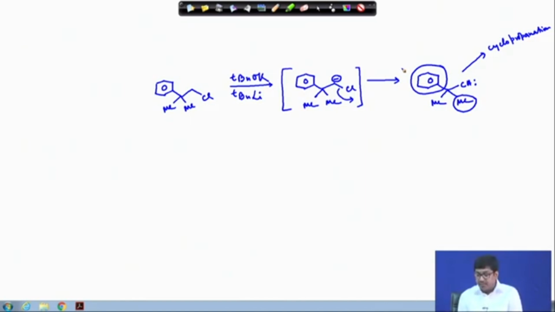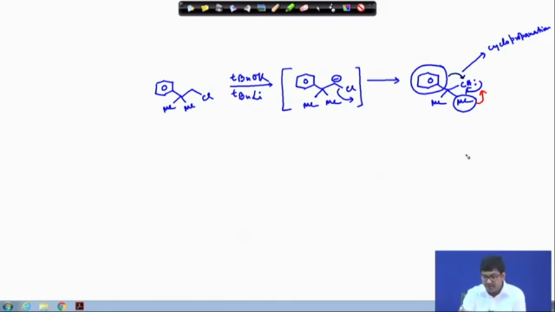So, what will it form? Once this comes, either this one can migrate, or if this one migrates, then another product will form.